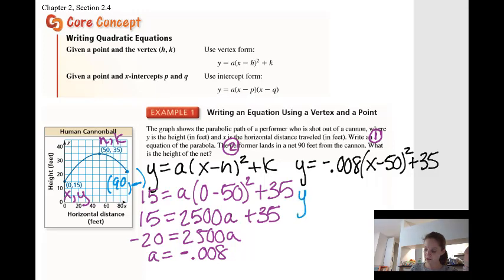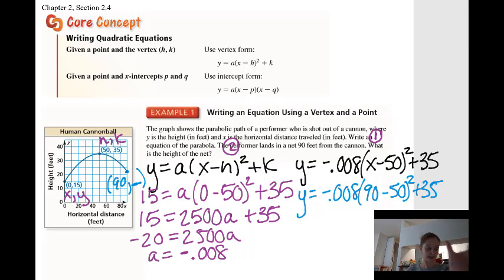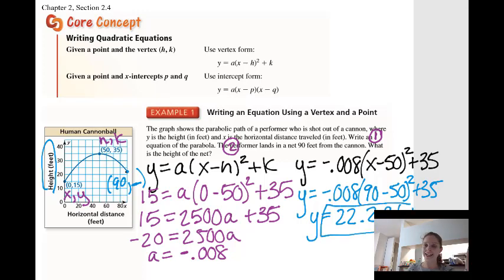So we have y equals negative 0.008 times x is 90. And you can put that in your calculator, you can simplify it step by step, and we'll get that y equals 22.2. The y values are measured in feet. So we can say that the net is 22.2 feet above the ground.